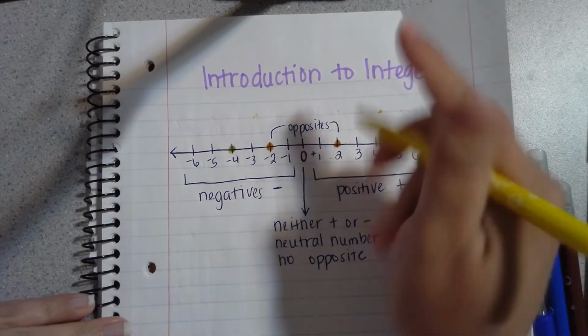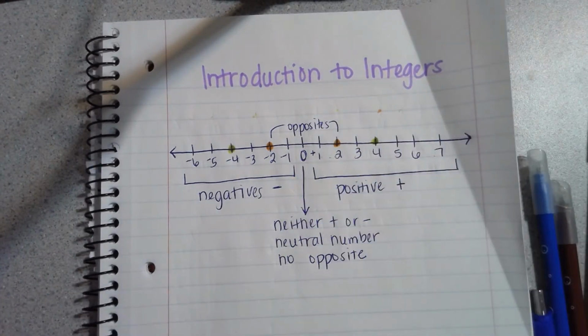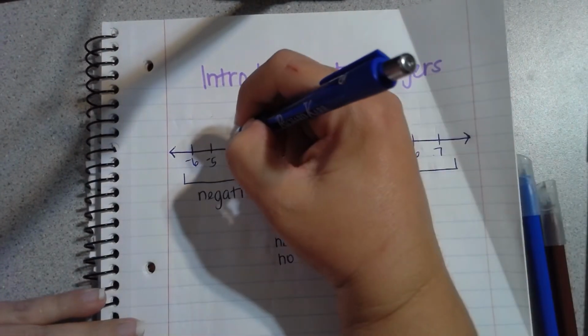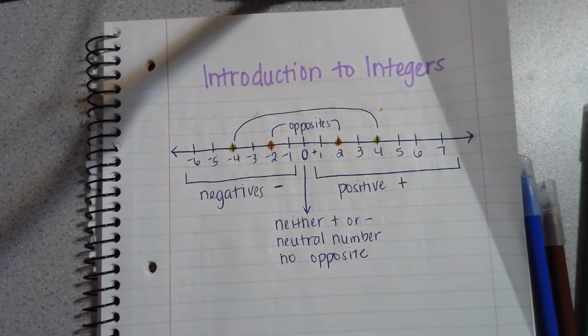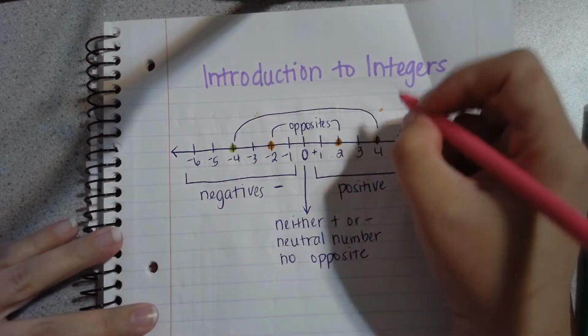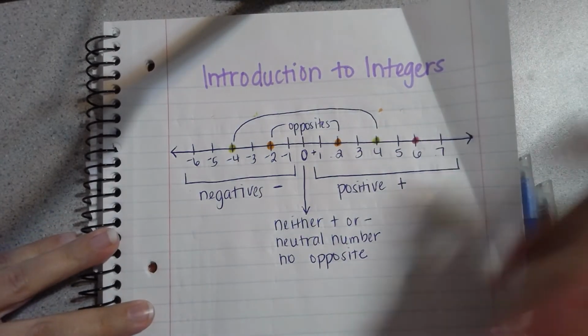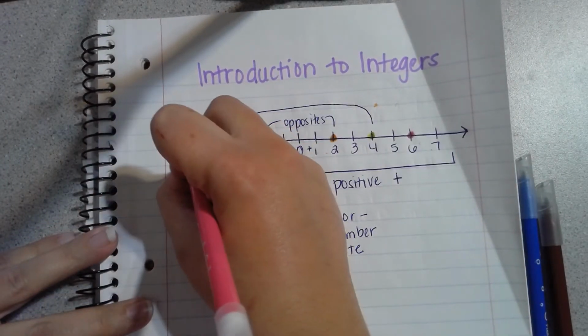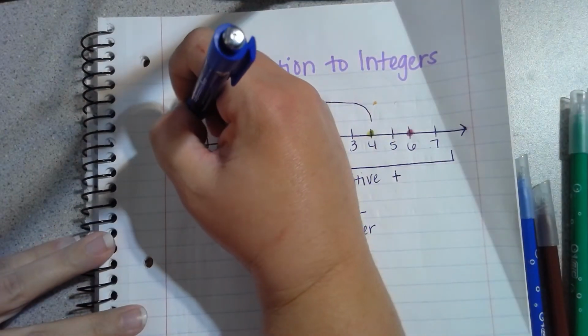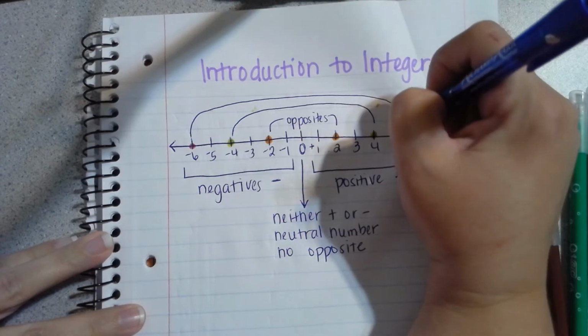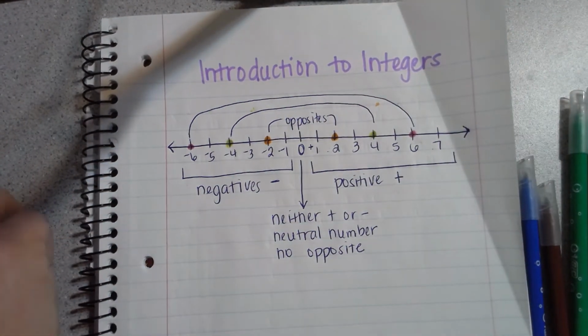Well, its opposite would be +4. Just like that. And what about 6? Well, its opposite would be -6. And remember that 0 does not have an opposite. There is no other 0. Okay?